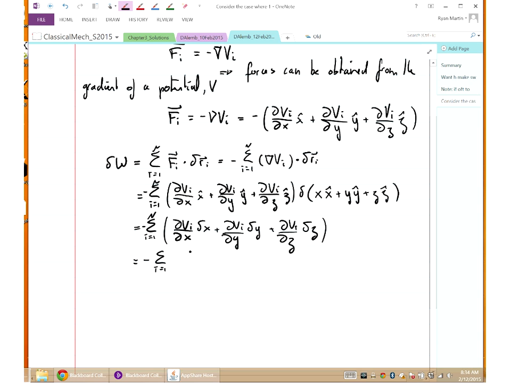And now that's just delta V expanded. If Vi is a function of x, y, and z, then dVi by dx delta x plus dVi by dy delta y plus dVi by dz delta z is just the variation of Vi.